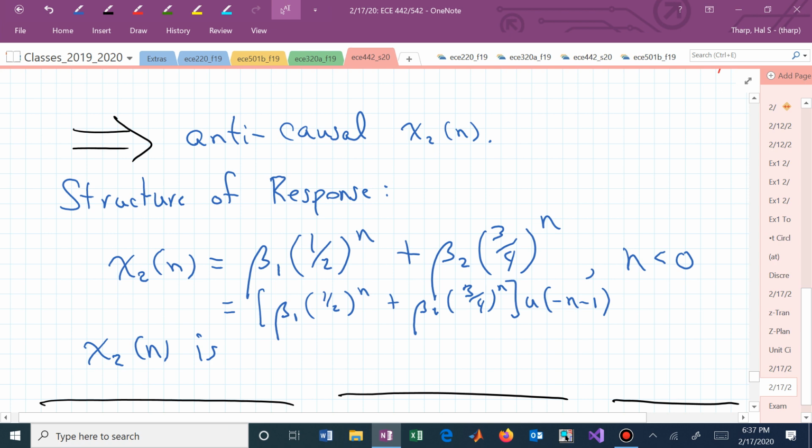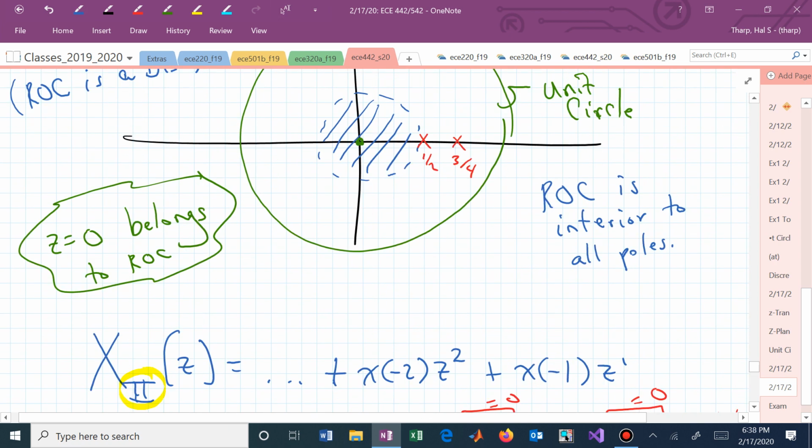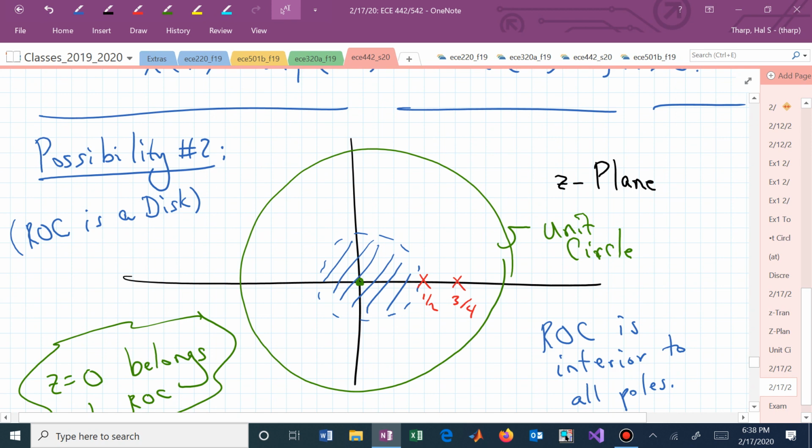That's going unbounded. X sub 2 of n is unbounded. And in this picture, is the unit circle contained in the region of convergence? No. Duh. If it is, it's bounded. If it's not, it's unbounded as far as our sequence is concerned.